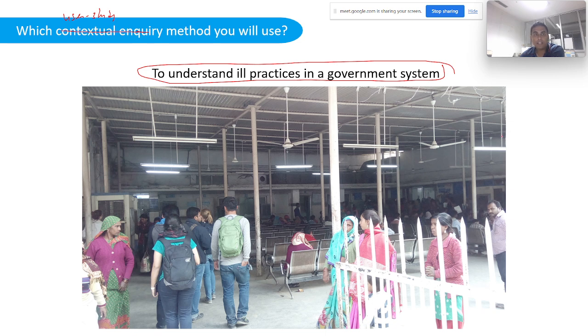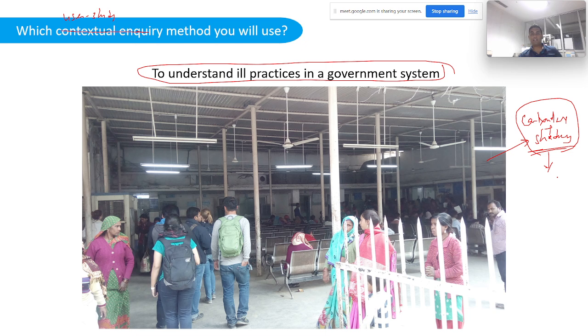So in order to understand the ill practices of such a government system, shadowing is one thing. You can also do contextual inquiry and try to see, but it will be a long, time-taking procedure.